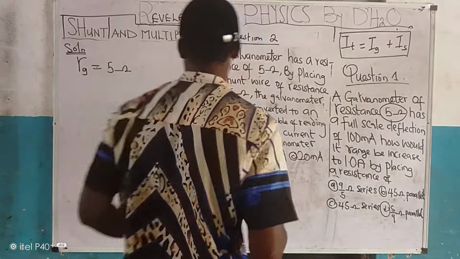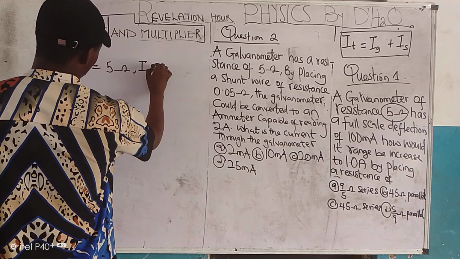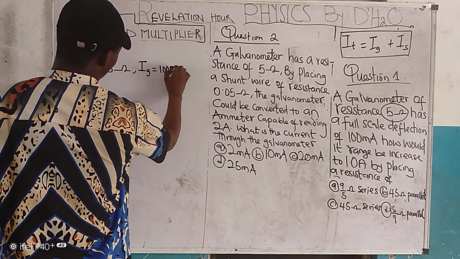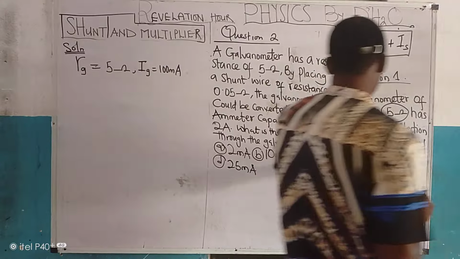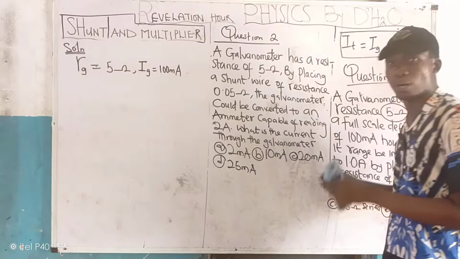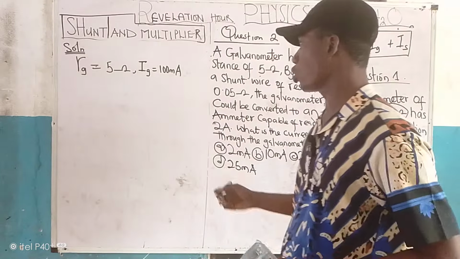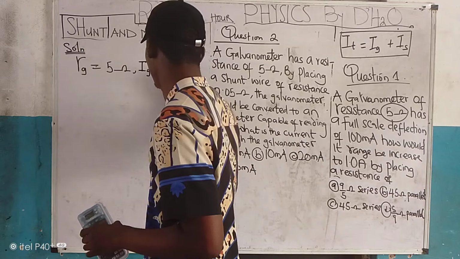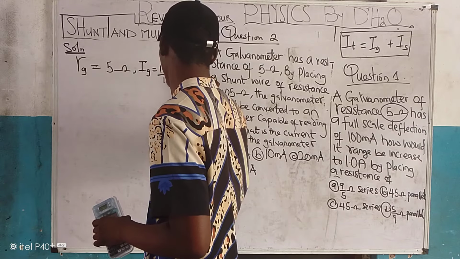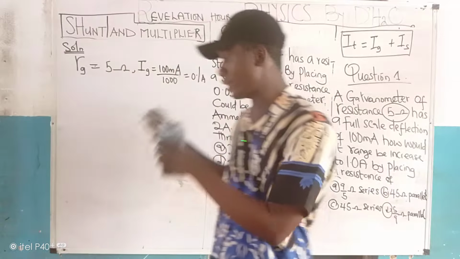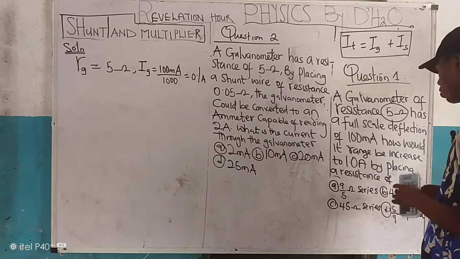So we can say that our IG is 100 milliampere. If you are given the current in milliampere, you must convert to ampere by dividing the value by 1000. So if we do that, we divide by 1000, and that will give us 0.1 ampere. This is the current through the galvanometer. Now let us continue.